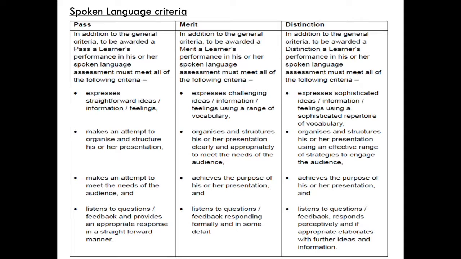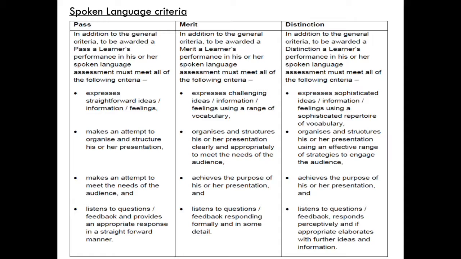So, in addition to the general criteria to be awarded a pass, a learner's performance in his or her spoken language assessment must meet all of the following criteria. And please note that there are 4 bullet points for each criteria, and all of those bullet points must be met in order for you to achieve that award.